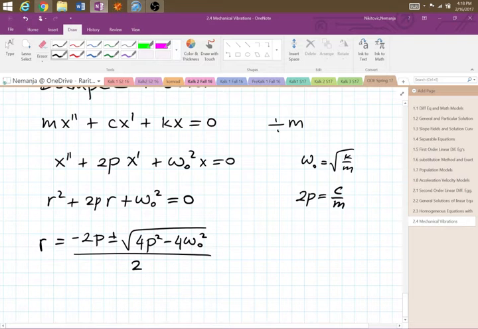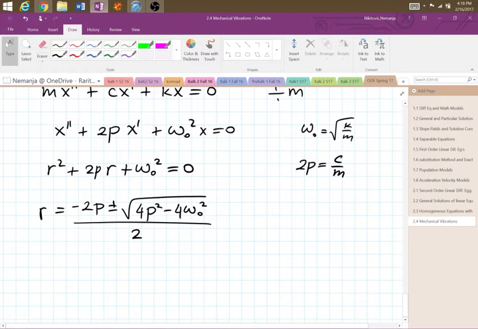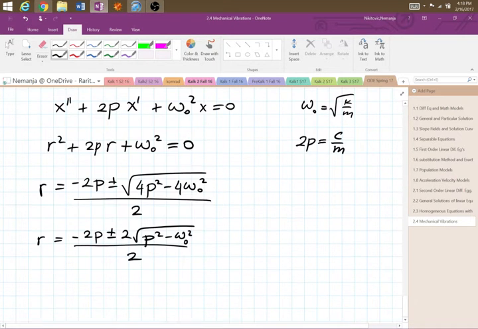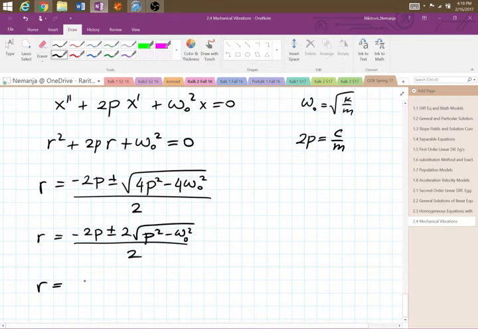And you can see why we use the 2p, right? Because it gives us that 4, and I can factor out 4, which comes out in front of the square root, and then that 2 and the 2 on the bottom all cancel. So r is equal to negative p plus minus the square root of p squared minus omega 0 squared.